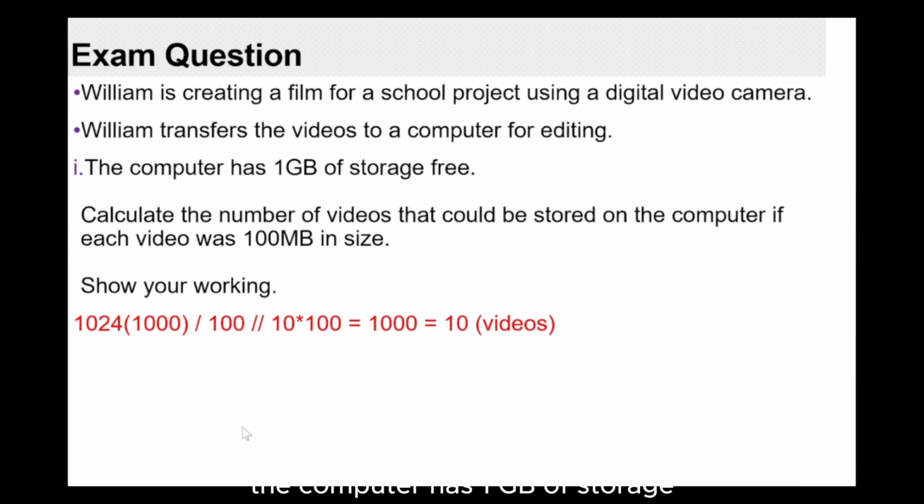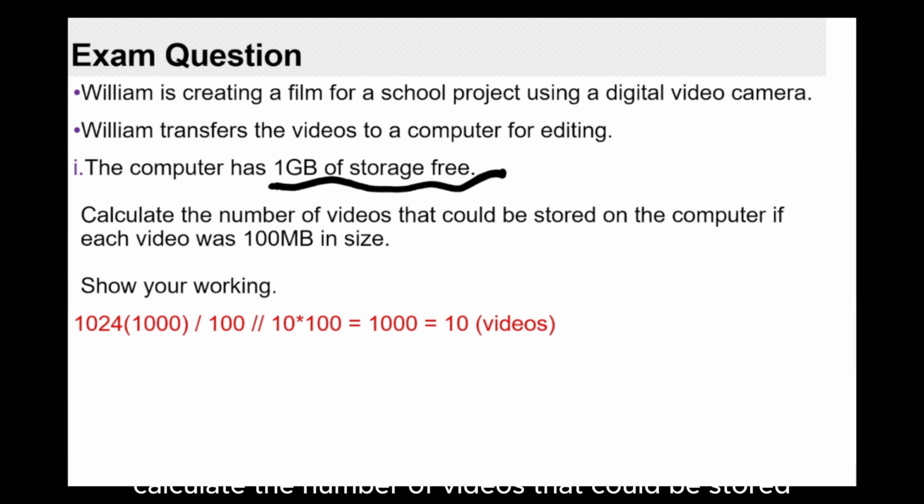The computer has 1 GB of storage free. So they've given you this 1 GB of storage. Calculate the number of videos that could be stored on the computer if each video was 100 megabytes in size. So they've given you the size and how much storage is free.